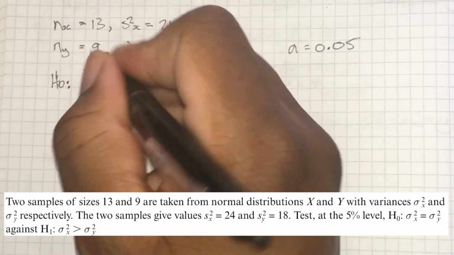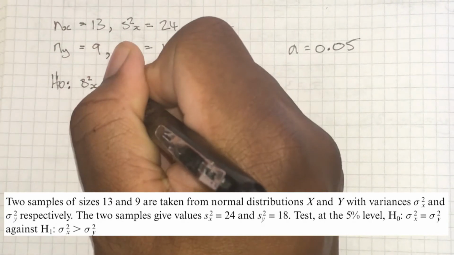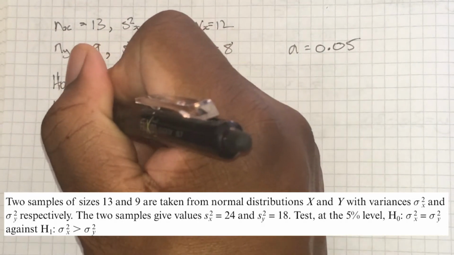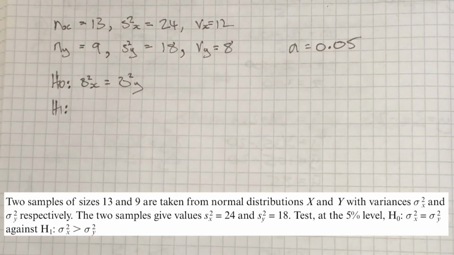Next, we'll set the hypotheses. In this particular question, we've actually been given the hypotheses to use. My null hypothesis is that the variance of distribution x equals the variance of distribution y. This is always going to be the default null hypothesis for an F distribution hypothesis test.